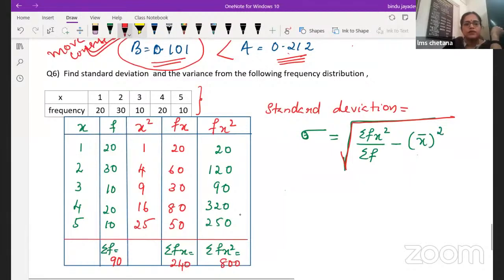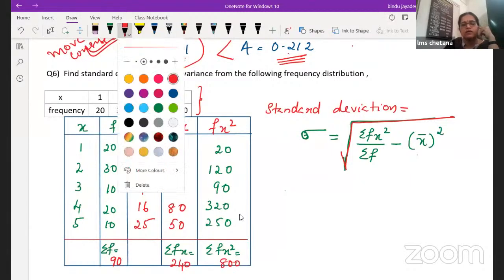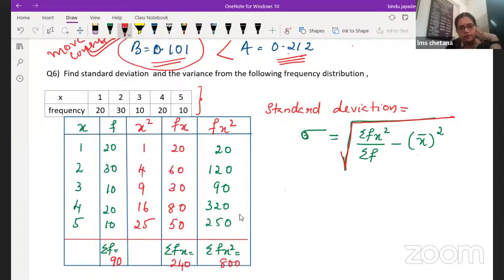Now, please listen here. What is sigma FX square? That is there in your table. Sigma F, it is there in your table. But what is x bar? It is not directly given in the table, correct? Therefore, next step after writing the formula, you will write what is x bar. X bar is nothing but the arithmetic mean.